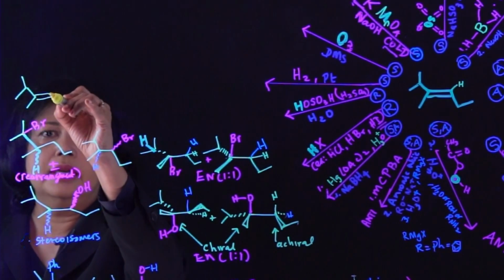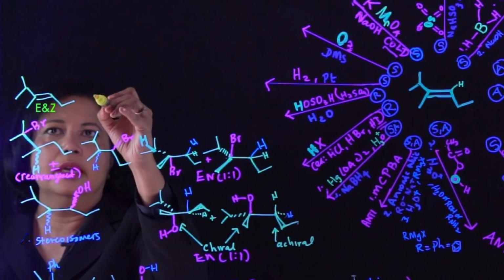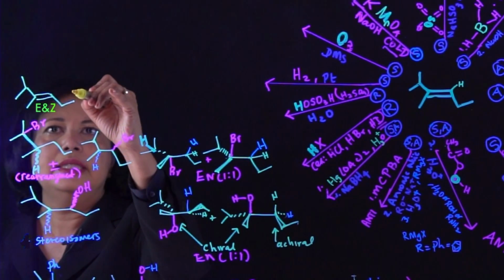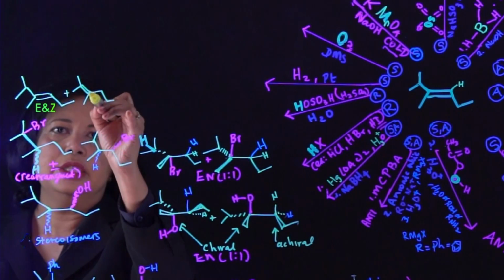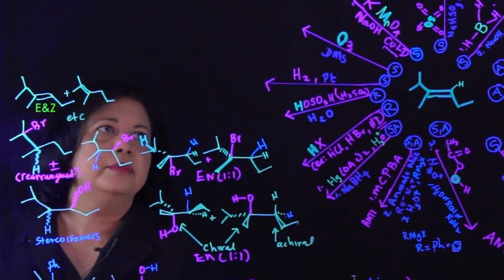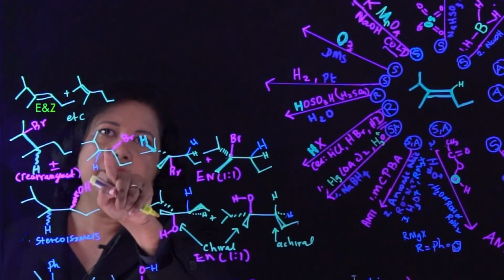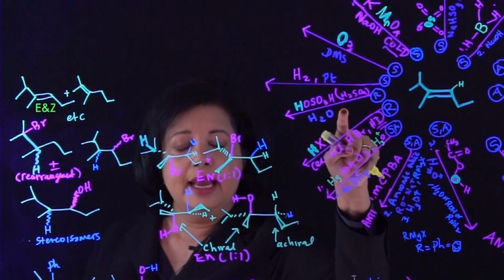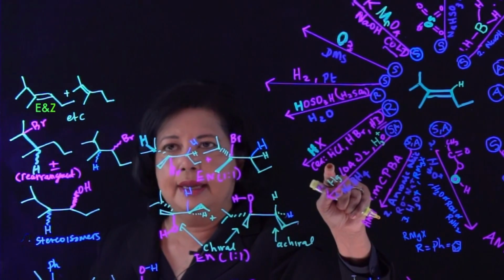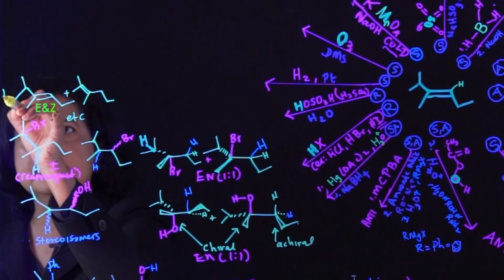And E1 product can form here, E1 product can form here. All of these are possibilities for this reaction, plus etc. And I'm drawing both of these here. All of this is going to be common for both the sulfuric acid and the HX E1 products.